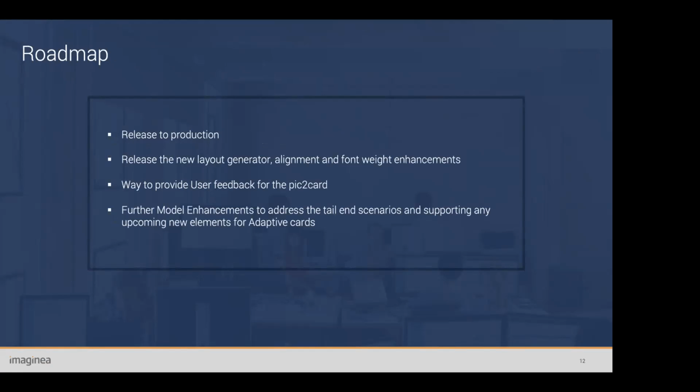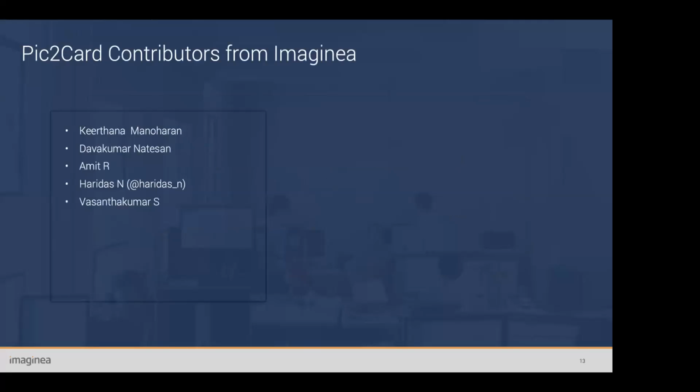The next step is to provide a way for users to give feedback. People can upload their design samples to us, or they can tell us what has gone wrong in a particular design sample. Furthermore, we can enhance the model to address corner cases as well as add new elements from the adaptive cards.